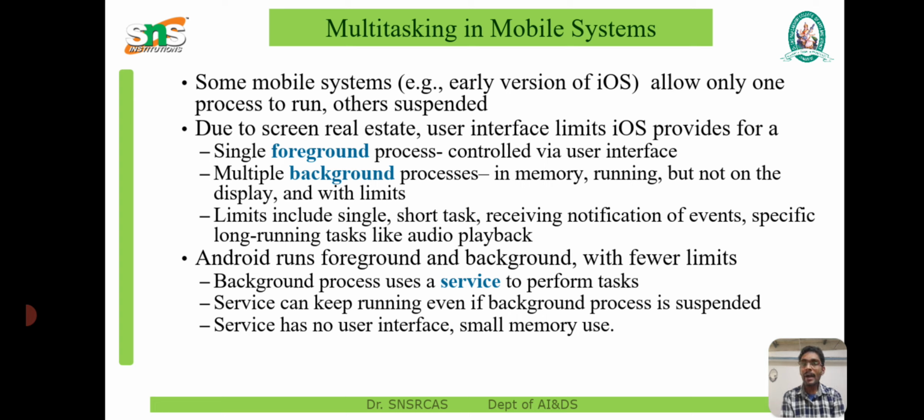There may be multiple background processes running in memory, but not on the display and within limits. The limits may be a single task, short tasks, receiving information from other events, long running tasks, audio playback, and downloading tasks, which act under the background. Whereas in Android mobile systems, there are foreground and background processes with fewer limits.